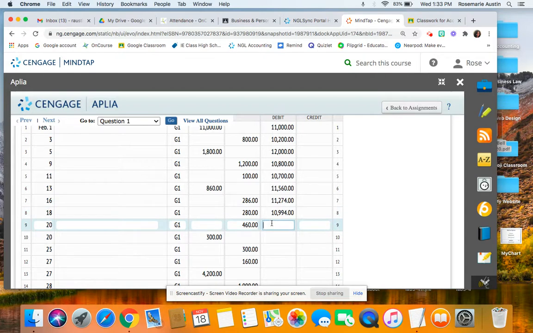You're going to subtract 460, 10,534. You're going to add 300, so you have 10,834. You're going to subtract 300, so you're back to 10,534. You're going to subtract 160, and that's 10,374. You're going to add 4,200, 14,574.